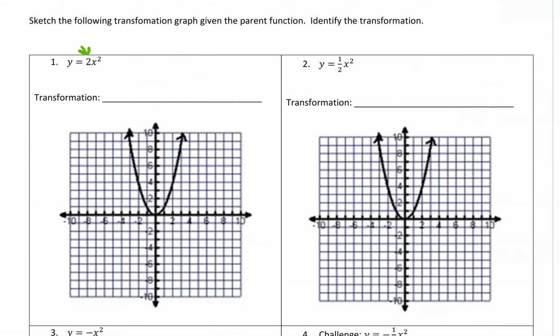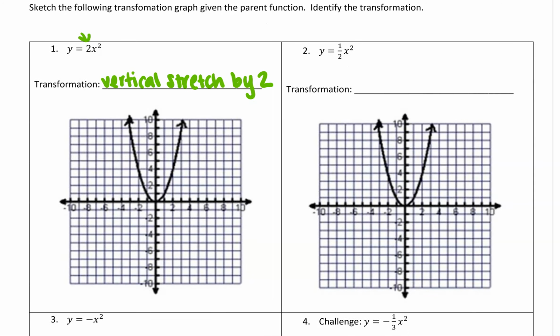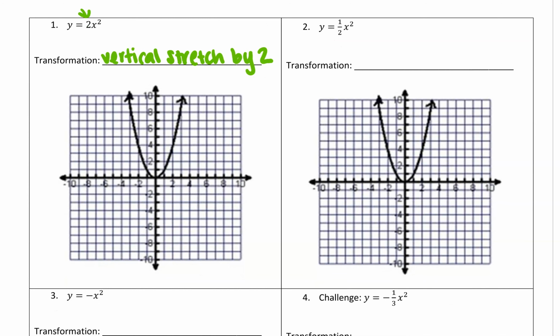Is 2 greater than 1? I sure believe it is. So this would be a vertical stretch by 2. We would typically say a scale factor of 2, but for the sake of time and space on this paper, I will just write that vertical stretch by 2.